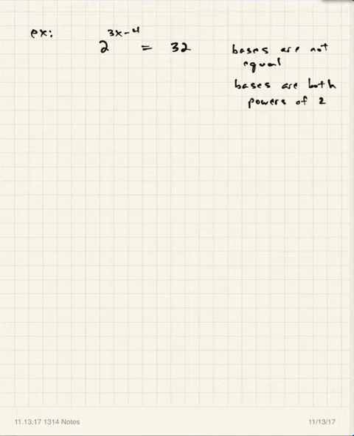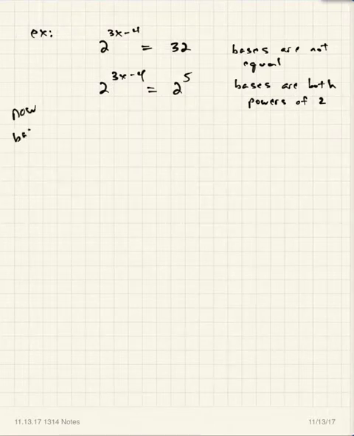And so even though this is not directly a type 1 equation, it can be made to look like a type 1 equation. And the reason is that 32 is really 2 to the 5th power, right? And so if you just write 32 as 2 to the 5th, now you get that the bases are the same. And so now the bases are equal.